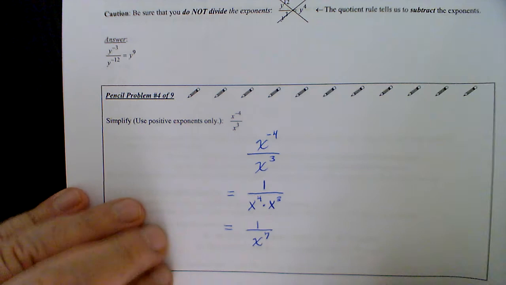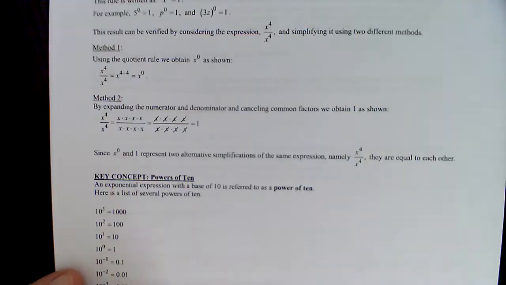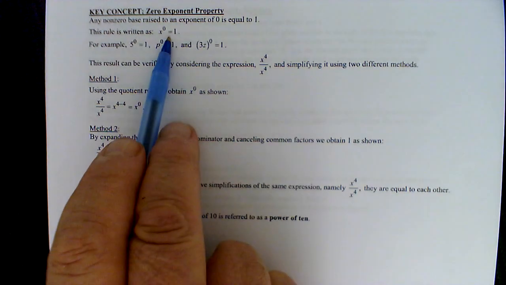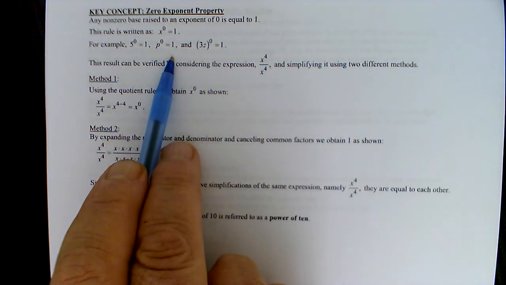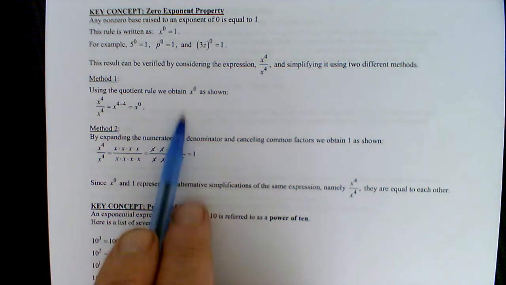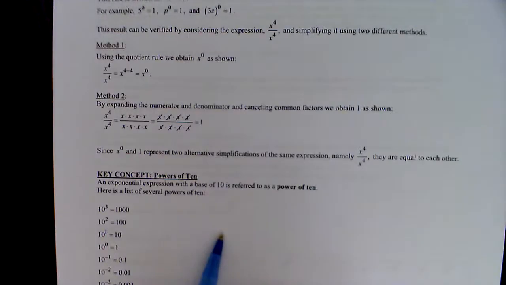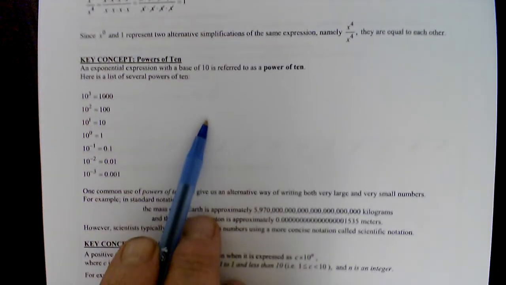Okay, the next thing now is the zero exponent property. Anything raised to the 0 power is equal to 1 by definition. And we gave a justification for that. And then we talk about powers of 10, which lead us to the concept of scientific notation.